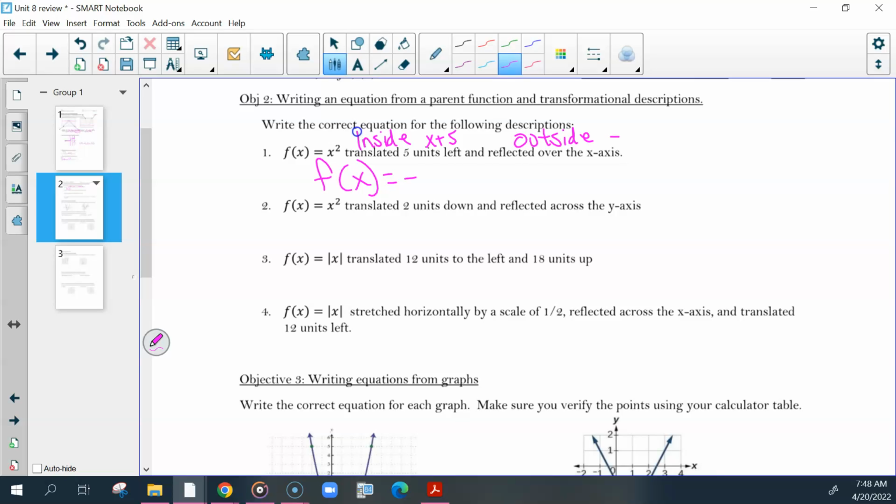On the inside, we have this x plus 5, so we need parentheses. And the function itself is a quadratic, so we need it to be squared. Questions on that before we move forward?